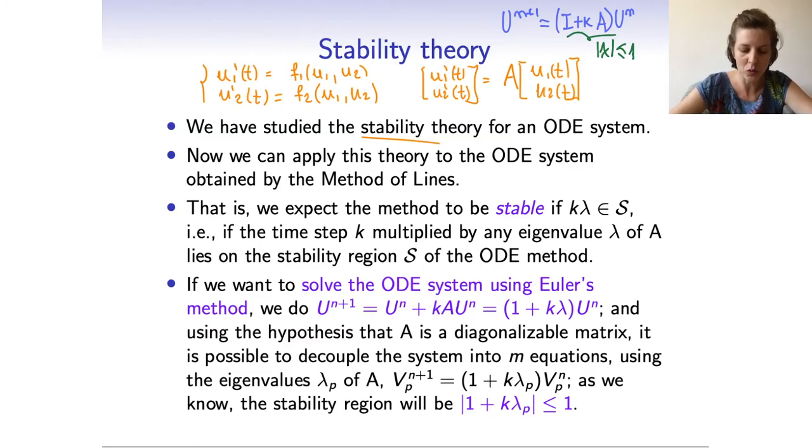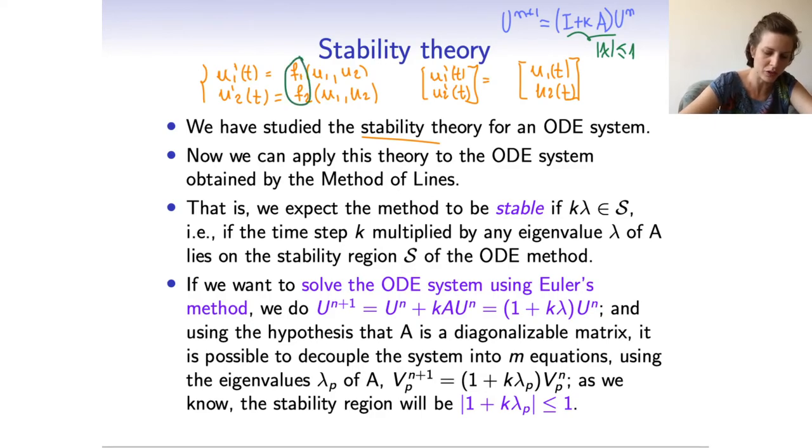And if we have a nonlinear system, what it means is that these two functions f1 and f2 would be nonlinear functions, and then we linearize our system around some point, and then we calculate the Jacobian matrix, and therefore we are going to look for the eigenvalues of this Jacobian matrix and ask it to be smaller than 1.